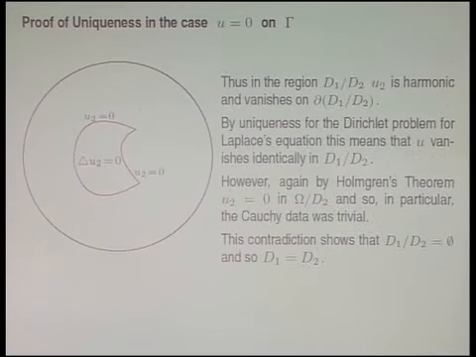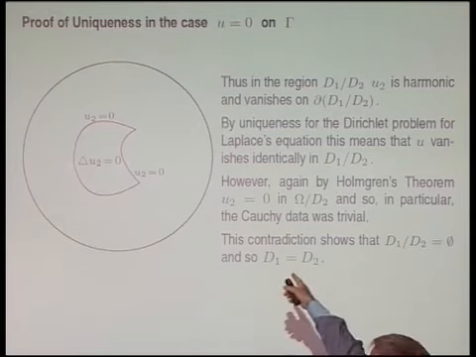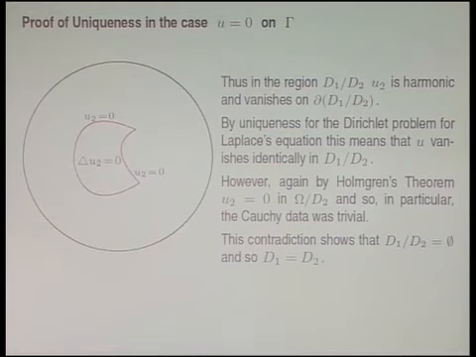That's what I've got. Aha! u2 is identically 0 on that boundary, and since u2 was defined everywhere except for D1, which was over here, this means that u2 must be the zero function.